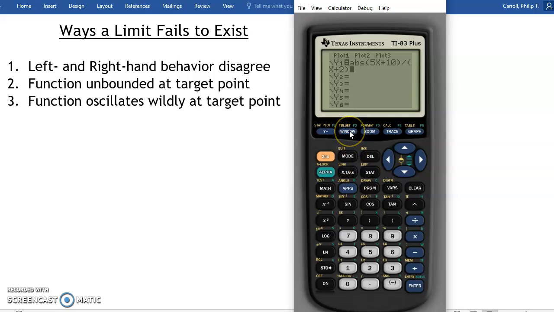So let's see. Yeah, my graph window is still kind of blown up. So let's do, not negative 50, I want negative 5 to 5. The scale of 1 is fine. And let's do negative 5 to 5 again, and I'll set that scale back to 1. And let's take a look at our picture.